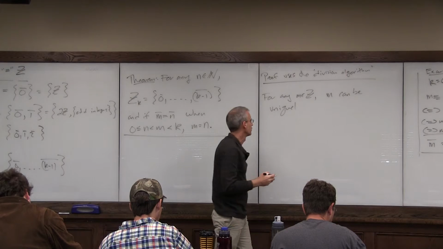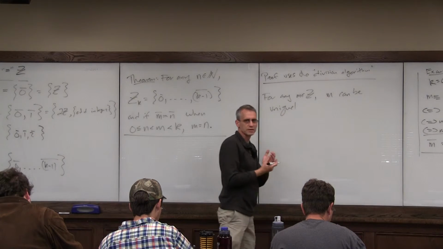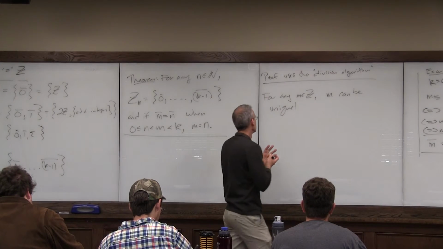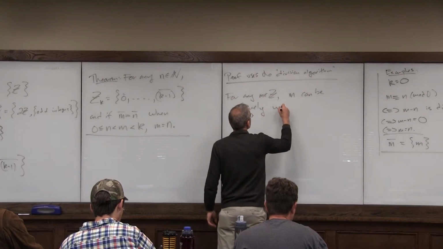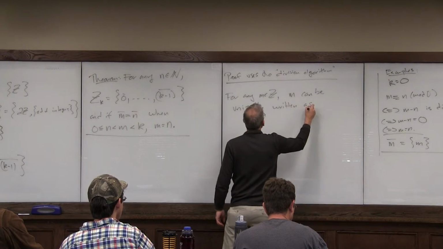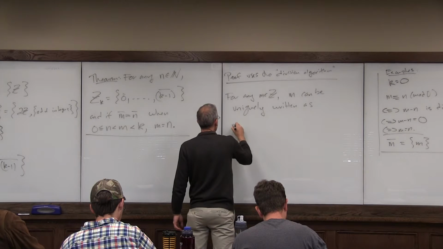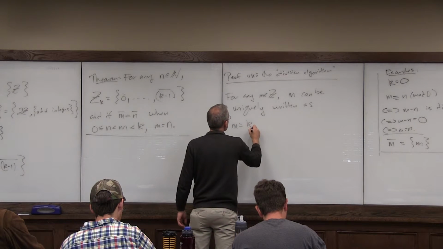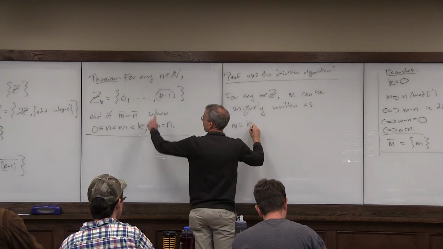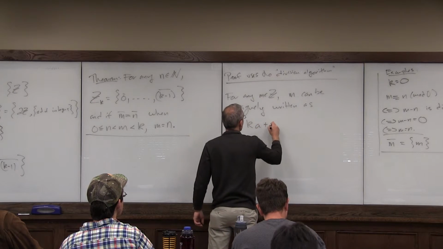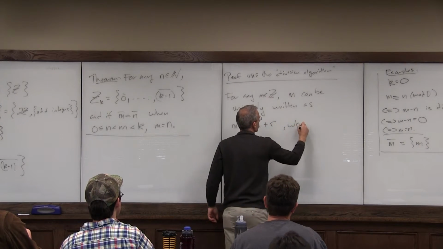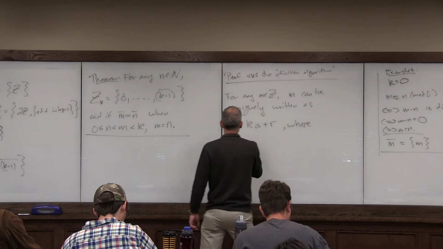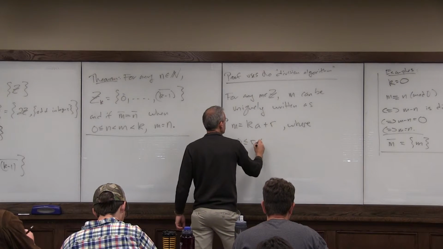You'll see the division algorithm in there, and you will probably see this in your first abstract algebra course. Uniquely written as m equals k a plus r, where 0 is less than or equal to r, less than k.